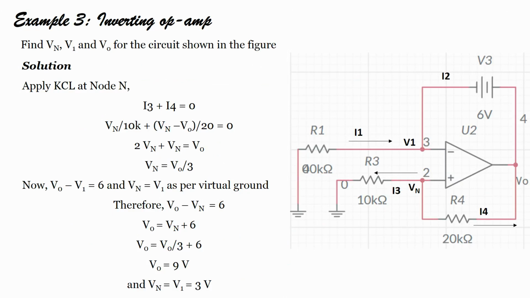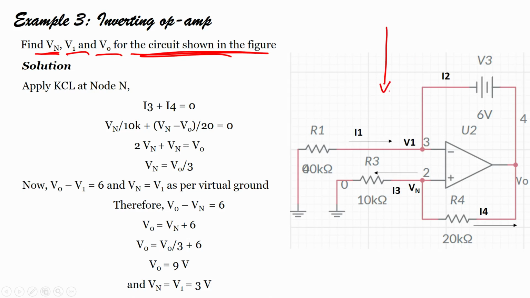I am giving you more examples so that you can understand, when you are given a circuit, how to solve the problem. Find Vn, V1, Vo for the circuit shown here. For this particular circuit we have to find a lot of things.